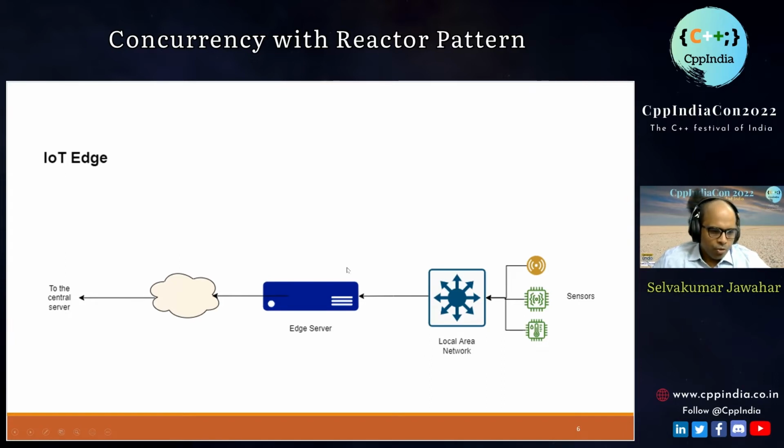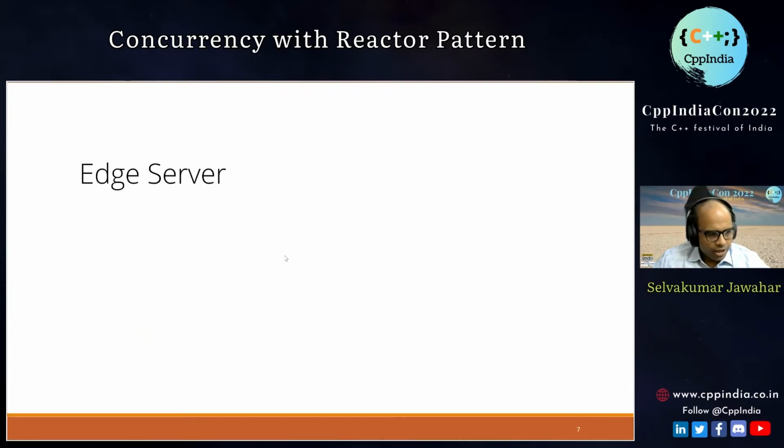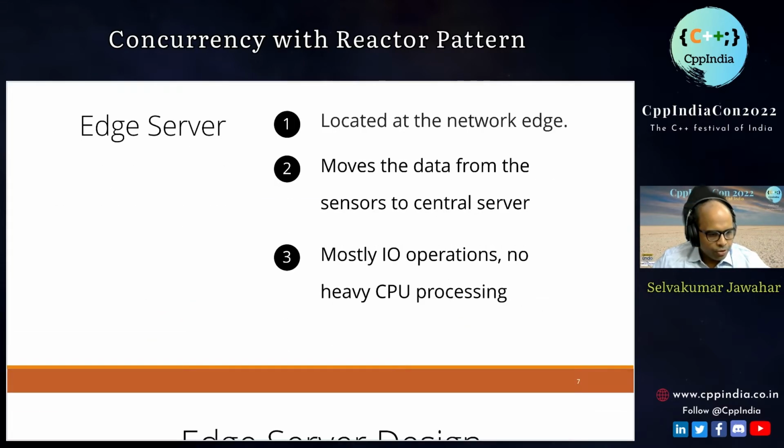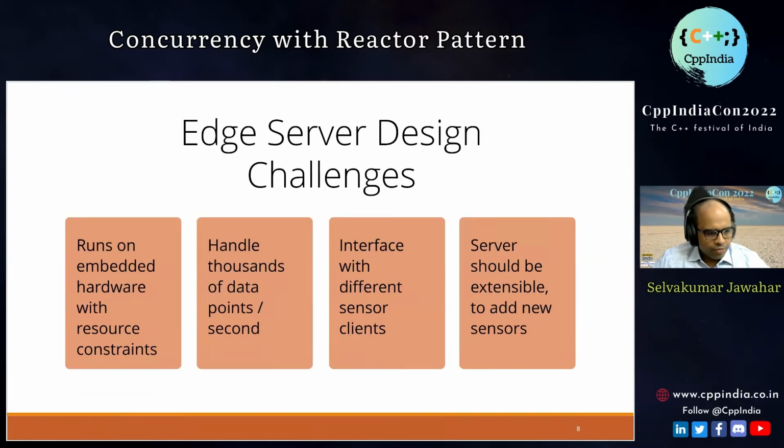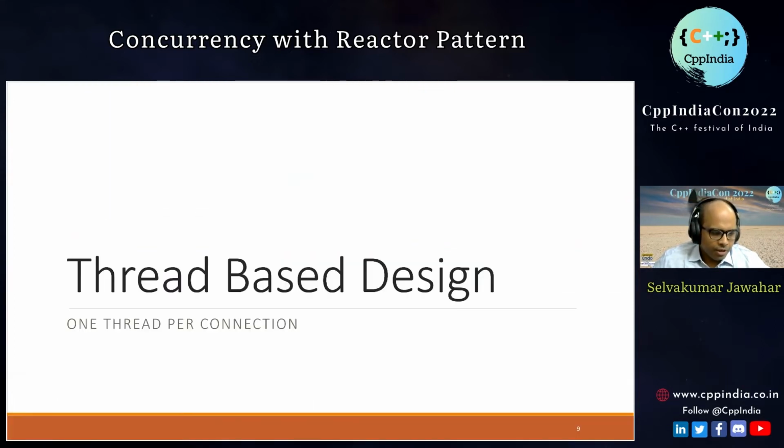So this is like a generic web server or any other server, and there are clients connected to the server for some resources. So the particular design which we are going to do will also be generic enough to address any concurrent server.